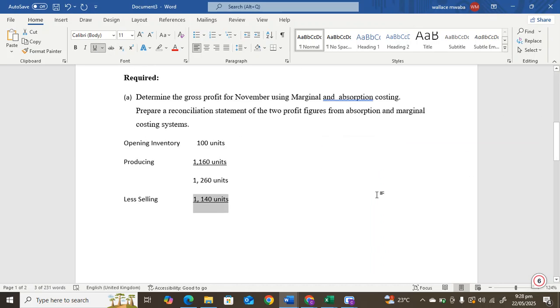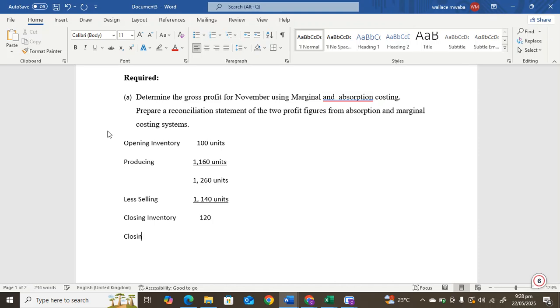So colleagues, the way you get your closing inventory is your opening inventory plus what you produce, and you subtract what you've sold.